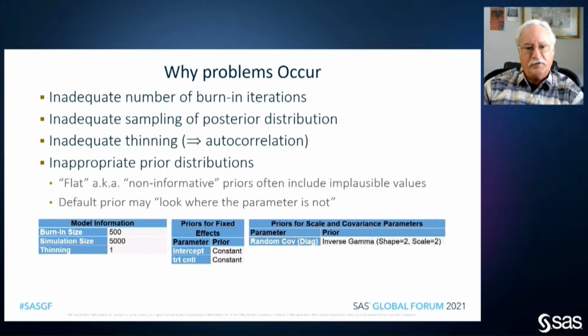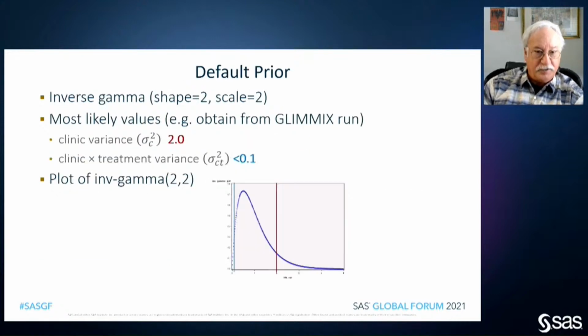So if the prior is too diffuse, that can cause problems. The default prior for covariance parameters is an inverse gamma with parameters of 2 for shape and scale. We need to take a look at what this actually looks like compared to where we think the parameters really are, because this is an attempt at a one-size-fits-all prior, and it may not be the right thing to do.